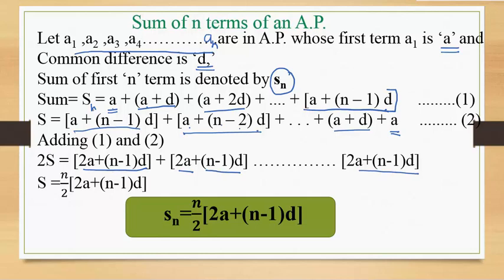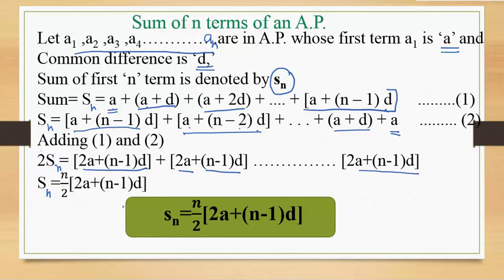On the left hand side we will have Sn plus Sn, that is 2Sn. Now these are n times because we have n terms, so we can write n times 2a plus n minus 1 into d, and this 2, which is multiplied with Sn, when it goes to the right hand side, will come in the denominator.